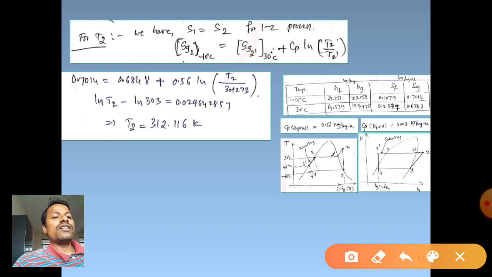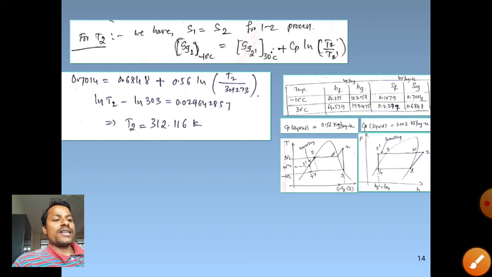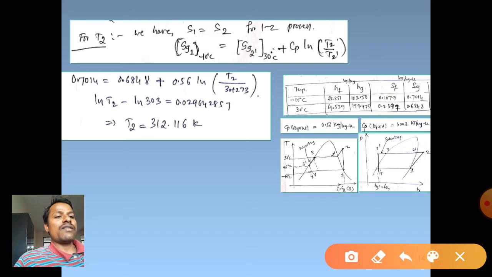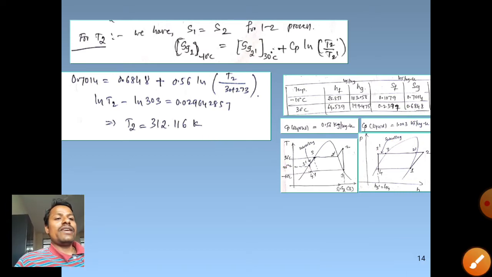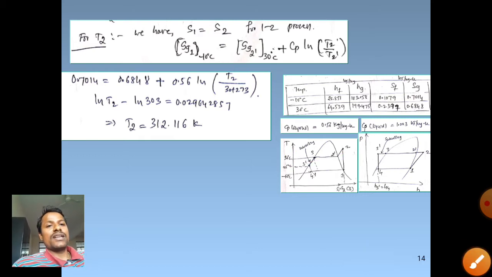Here we substitute Sg at minus 10 degree Celsius and Sg at 30 degree Celsius, then Cpv, the Cp for the vapor, 0.56, then ln of T2 upon the saturation temperature, which is 30 plus 273 Kelvin.